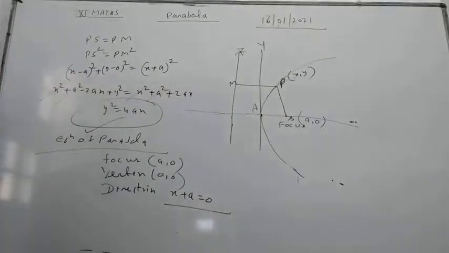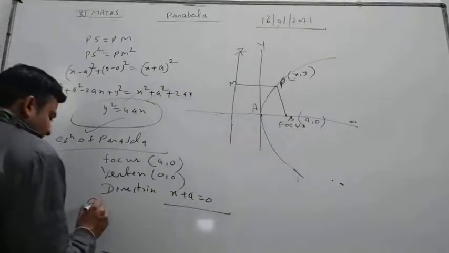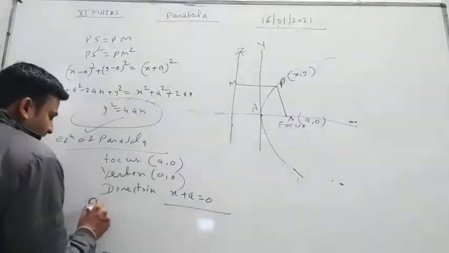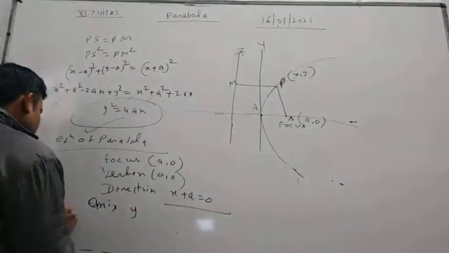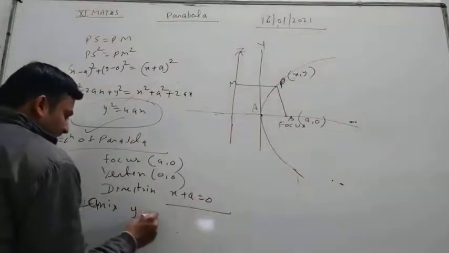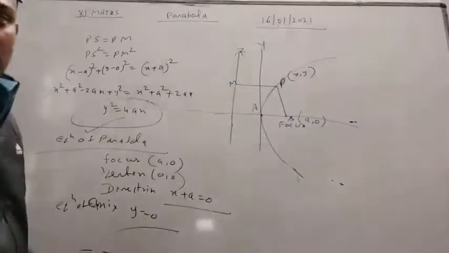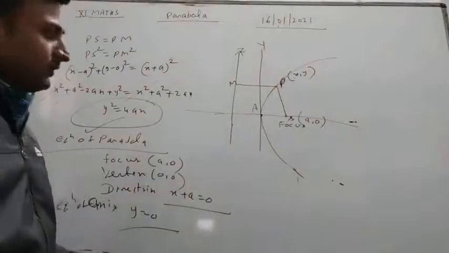The axis is the x-axis, so its equation of axis is y is equal to 0. So these are the 4 points.